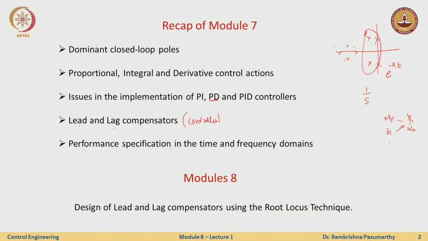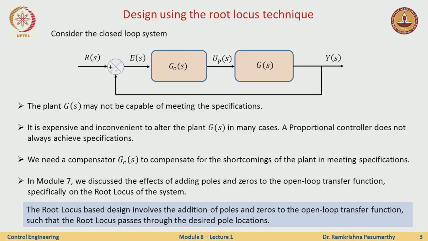And we see how these are related both in the time domain and the frequency domain. Like there is a direct one-to-one relationship between the phase margin and the damping coefficient. So here we will see explicitly how we construct these lead and lag compensators, and the tool we will use for our analysis is the root locus technique. So we will make use of the root locus plots which we learned to design lead and lag compensators to meet a certain performance specification.